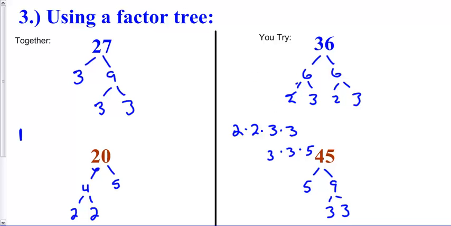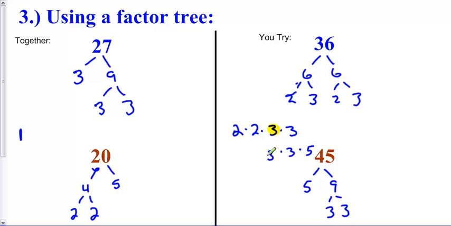So I've completed my factor trees. Now again, your factor tree doesn't necessarily have to be the same as mine. All that matters is I have two 2s and two 3s down here for 36, because 2 times 2 times 3 times 3 gives me 36. And then for 45, it doesn't matter as long as you have two 3s and a 5. Now, what I'm looking for is what numbers they have in common.